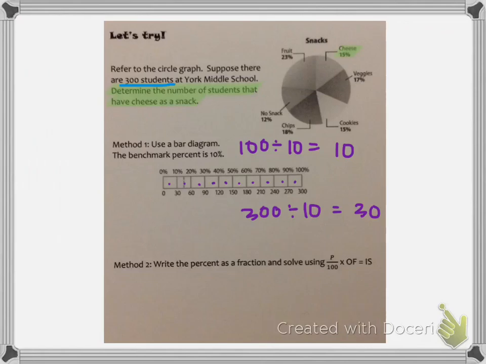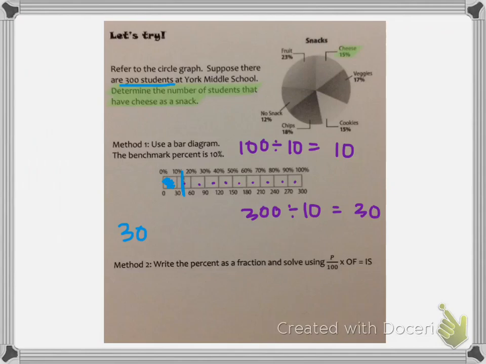So let's take a look. We see a dotted line right about here on our bar diagram. And that represents 15%. It's right in between 10 and 20%, and that's because 15% of the students had cheese for a snack. So we can color in one full box right here. We know at least 30 students were having cheese as their snack.